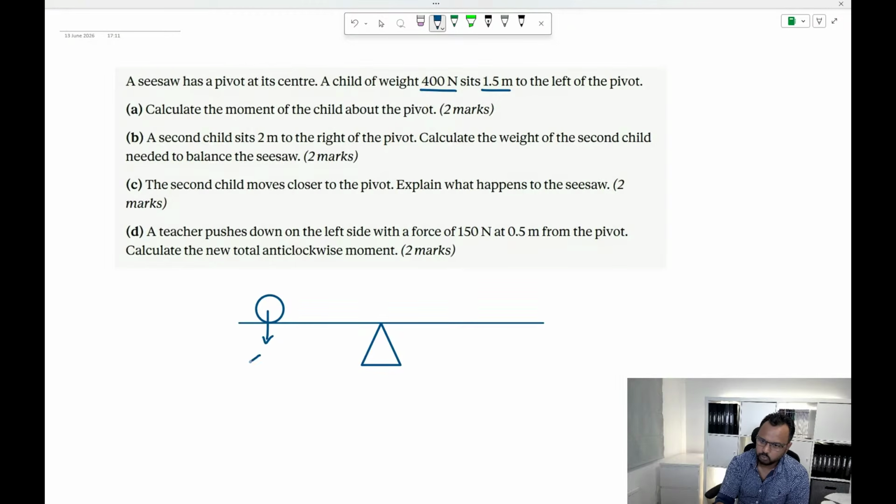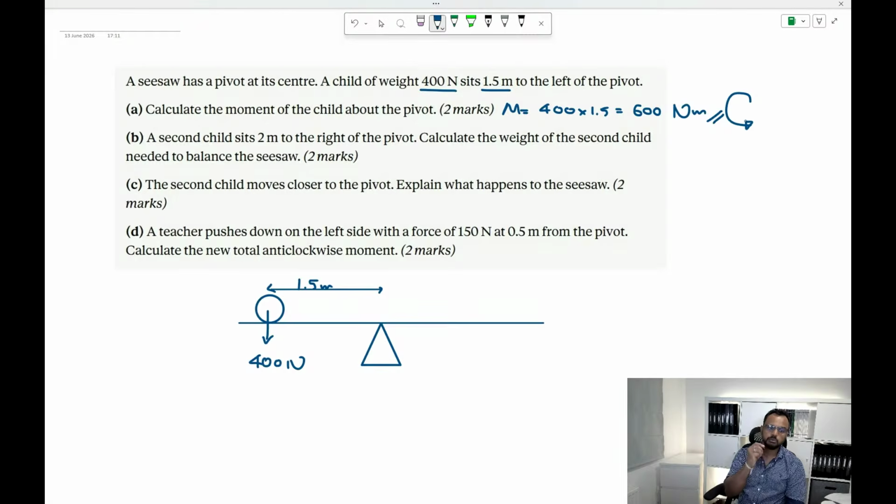The weight is 400 Newtons, and the distance from here to here is 1.5 meters. Calculate the moment of the child about the pivot. That's really easy. That will be 400 multiplied by 1.5, 600 Newton meters anti-clockwise.